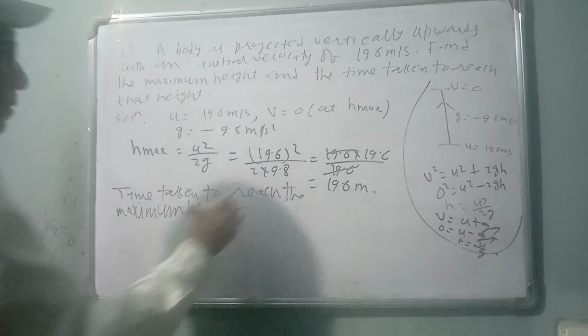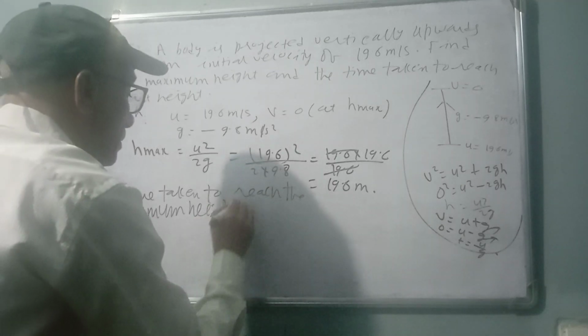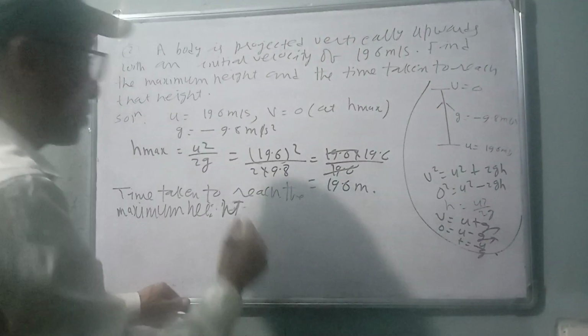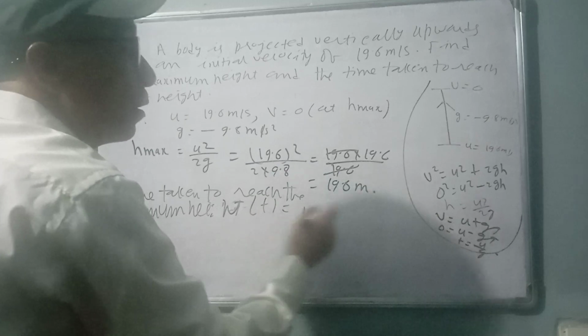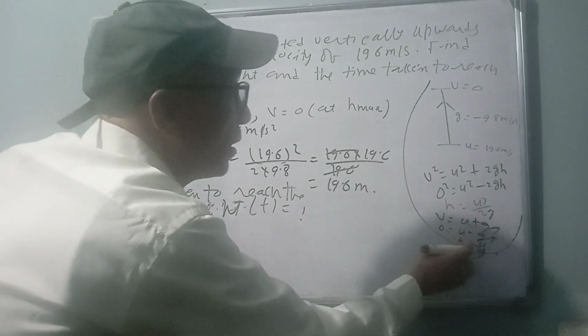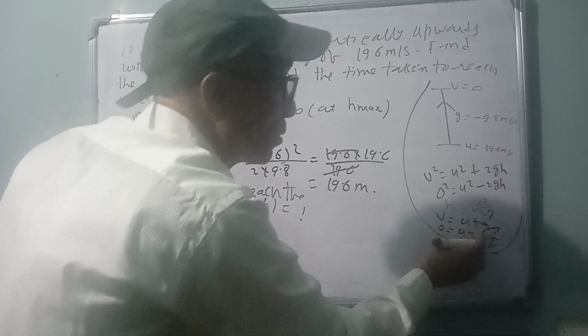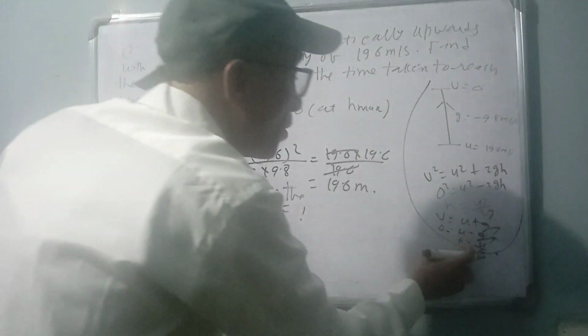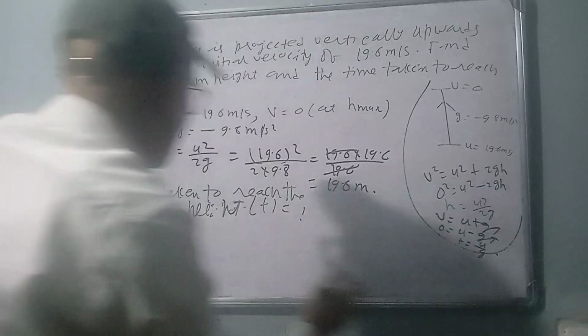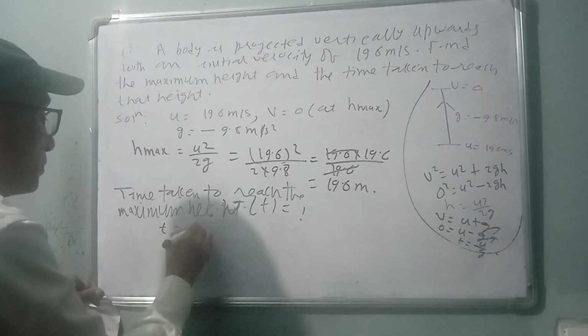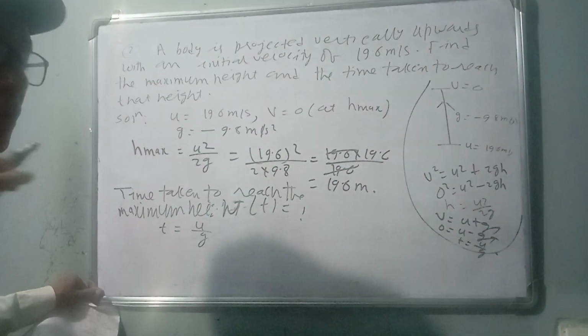We don't know, so we use V equals U plus gt directly. From here you get t equals U upon g, the time taken.